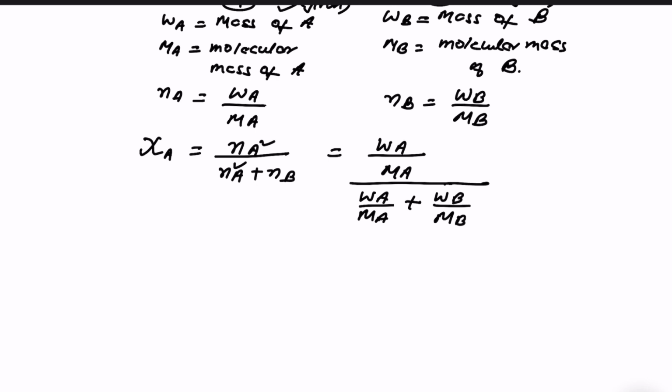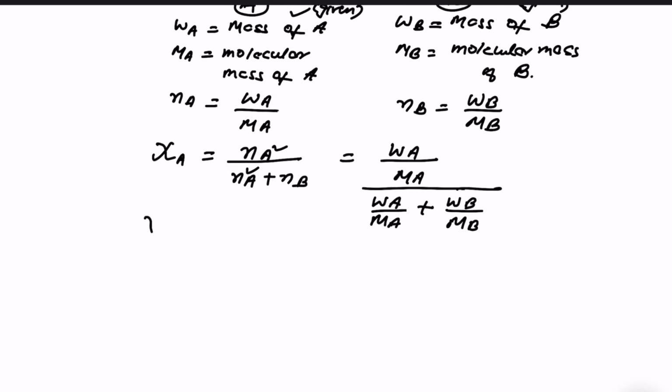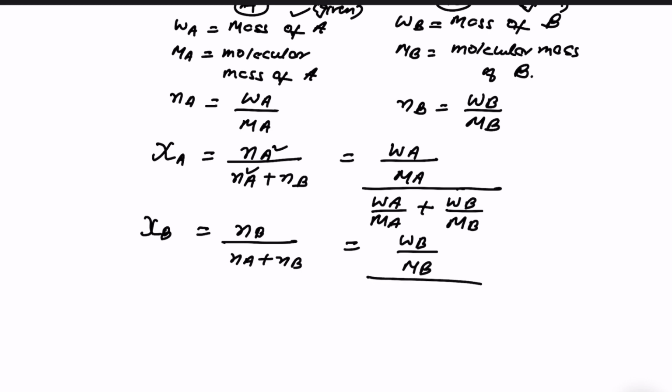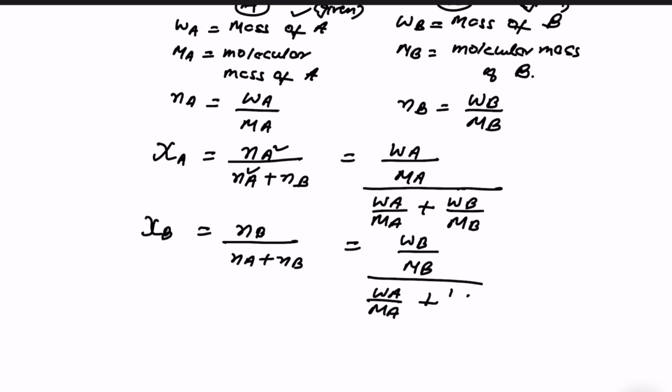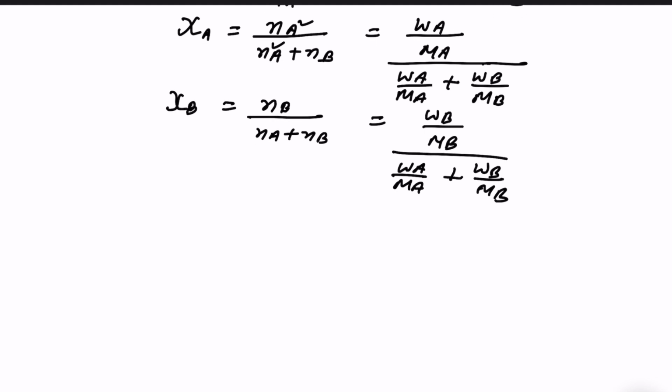So this is the formula for the mole fraction of A. In case I want to write the formula for the mole fraction of B, that will become NB upon NA plus NB, that is WB upon MB divided by WA upon MA plus WB upon MB. So this is the mole fraction for the number of moles of B.